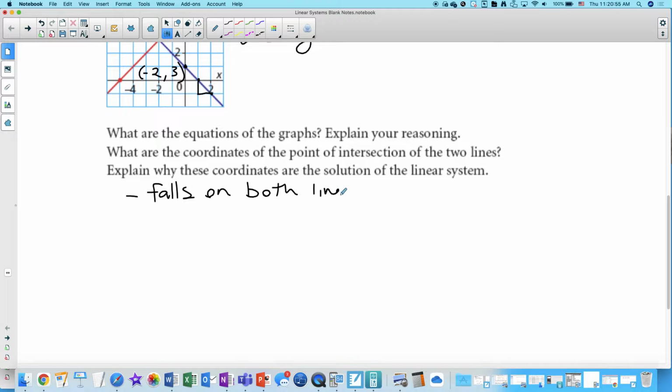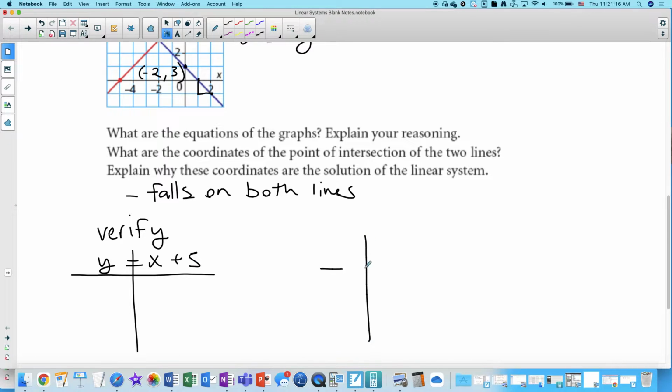And also, if we verify, we actually have to verify all equations in the system. So we can verify by subbing in, right? So the one equation was y equals x plus 5. And the other equation was y equals -x plus 1.